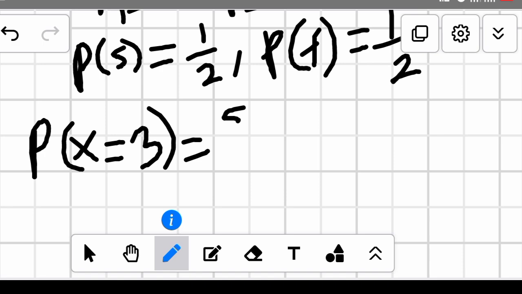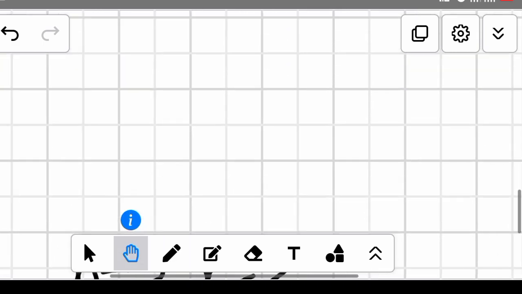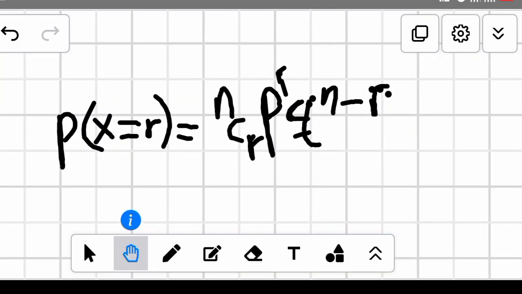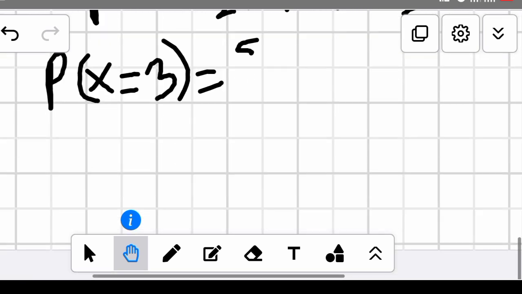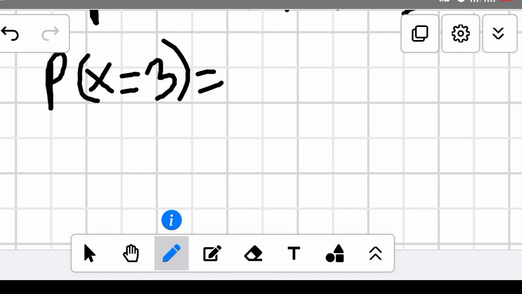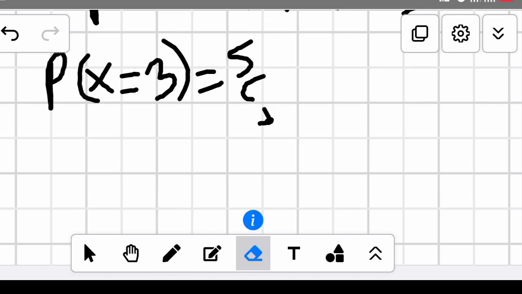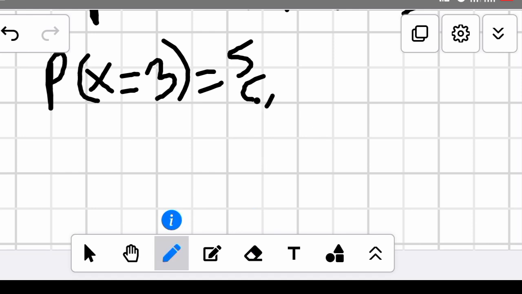Don't forget the formula up here. The formula says that you have n combination r, the probability of success raised to power r, multiplied by probability of failure raised to power number of trials minus r. So we go again here now. We're going to have 5 combination 3.